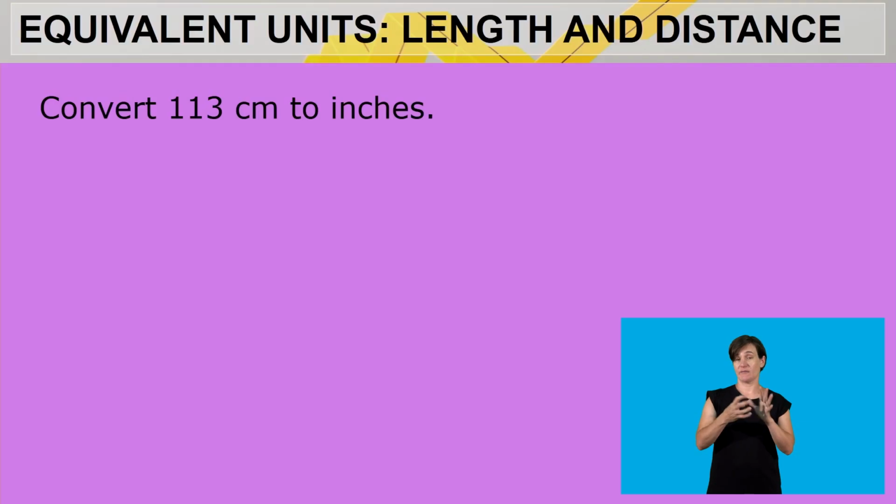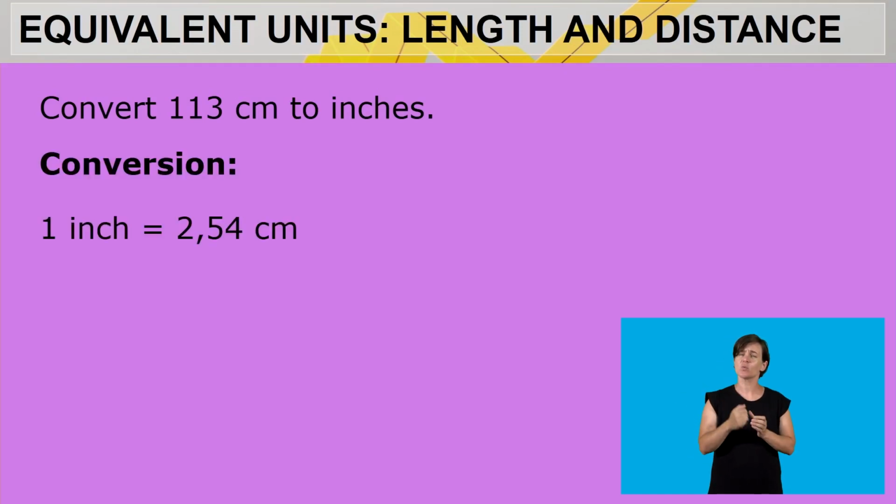Let's look at an example. Convert 113 centimeters to inches. So now, what is important? We need to know that 1 inch is 2.54 centimeters or 25.4 millimeters. But let's work with 1 inch is 2.54 centimeters. So again, what's going to happen?